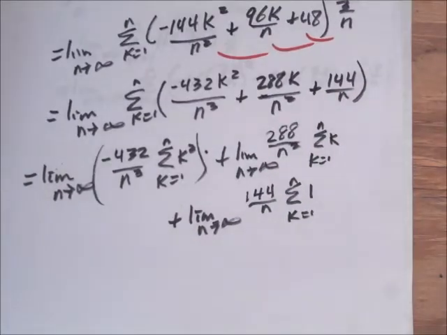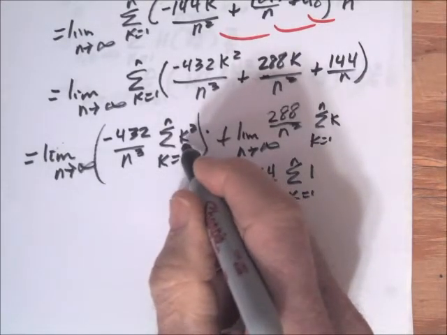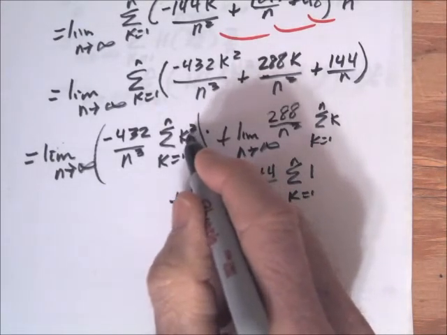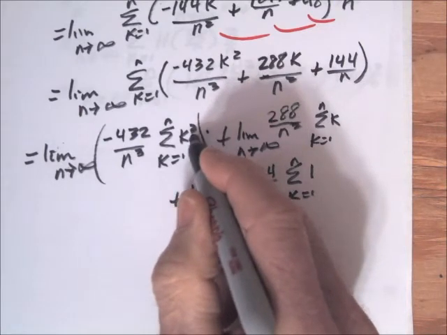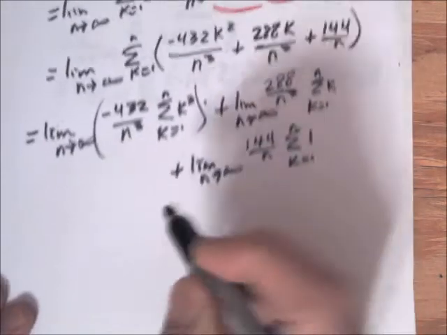Okay, so then we can use our shortcut formulas. This summation k equal 1 to n of k squared, the shortcut formula for that is n plus 1 times 2n plus 1 over 6.